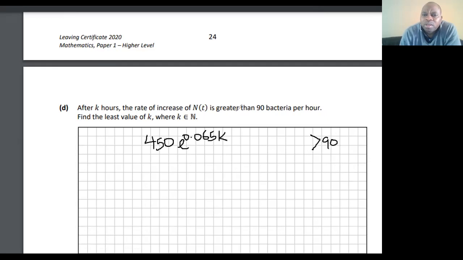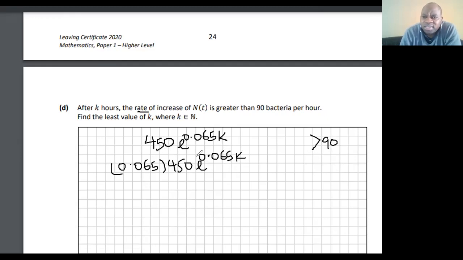That means if you differentiate this guy again, don't forget we are having 0.065 multiplied by 450, then exponential 0.065k.